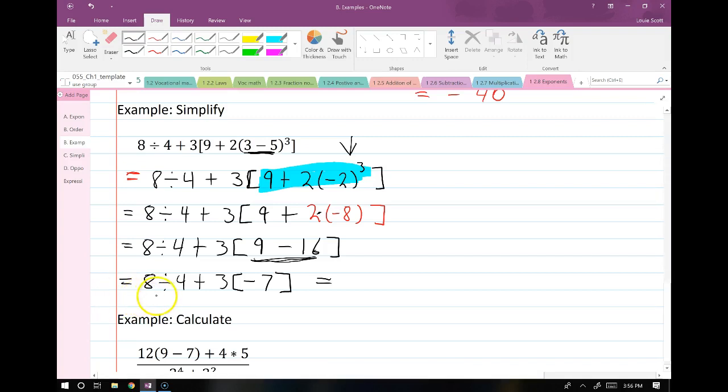And I just go through and handle my division and my multiplication on the same step. So I handle this and this. 8 divided by 4 gives me 2. Plus 3 times negative 7. Oops, that should be a negative. That's minus 21. And finally, I get a negative 19 as a result.